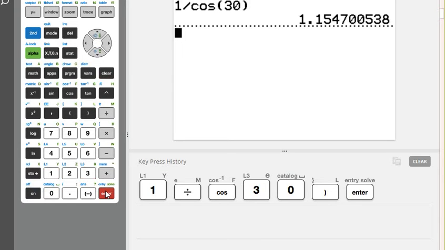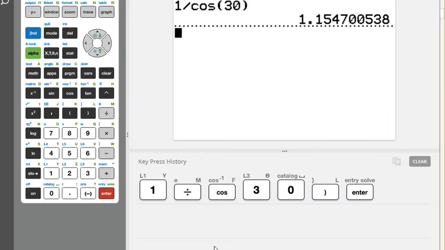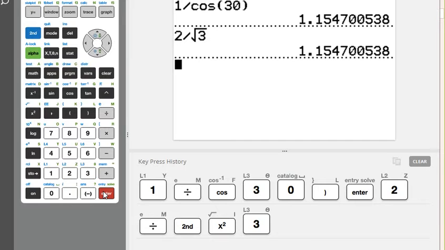Now your calculator is not going to give you a nice value with square roots like I got over here. But if you wanted to use your calculator to check yourself, you could, right? You could do it very easily. You can just say, oh, well, what's 2 divided by, I don't know, the square root of 3? Oh, they match. I think I got it right.